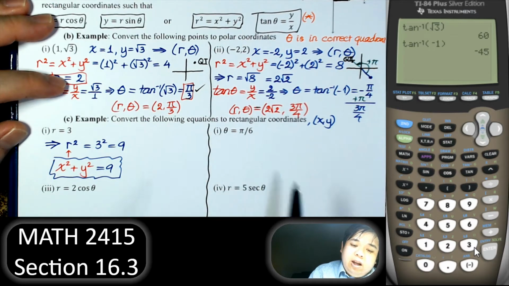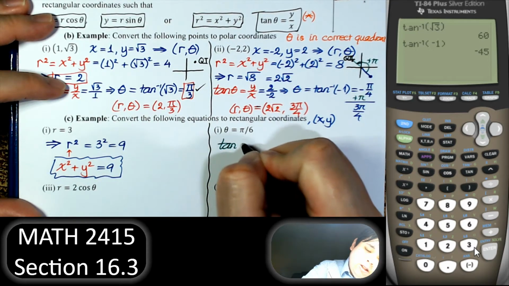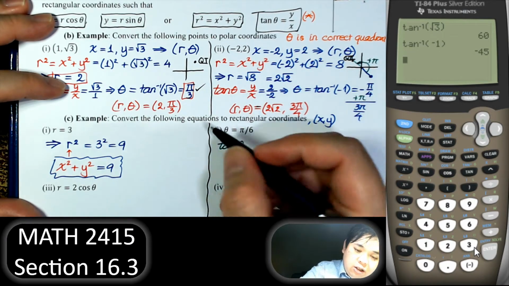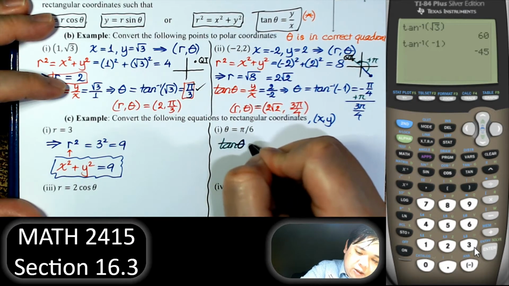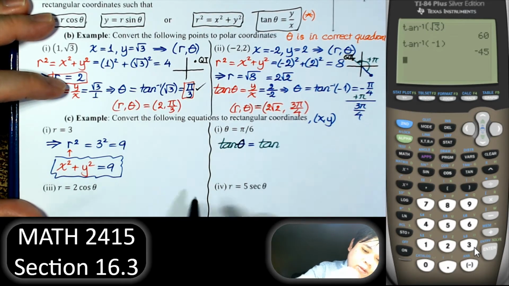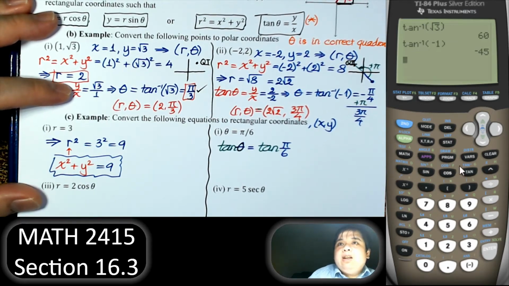Next, theta equal to pi over 6. What we know is we can take tangent on both sides. So we'll take tangent on both sides, and tangent of pi over 6. Sorry, I forgot to use radians.